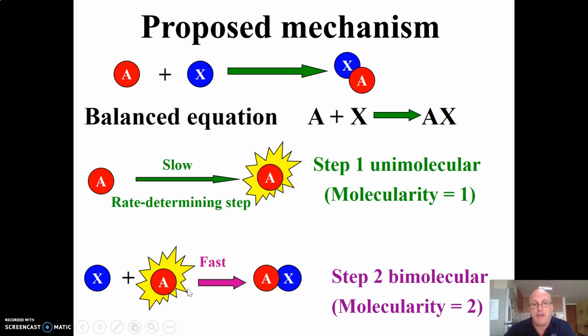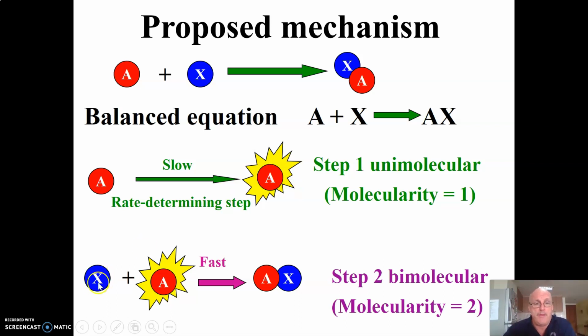Now you can see that if I double the amount of A in a given volume, then there'd be twice as much of this intermediate produced. So the reaction speed would double.